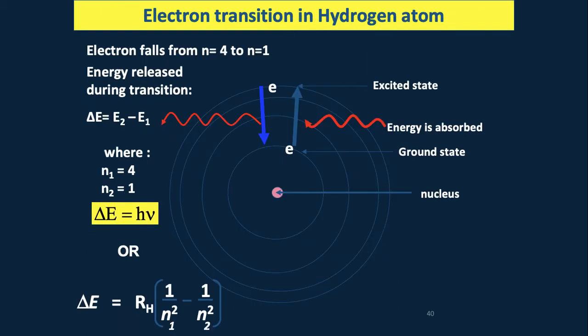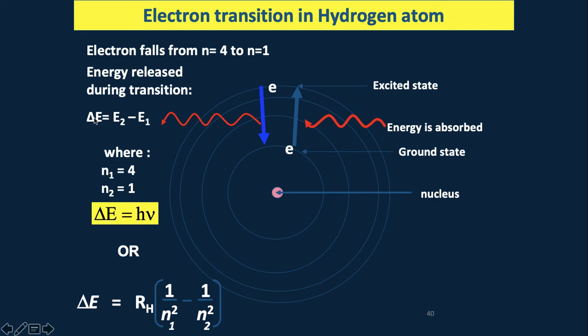This is an example of electron transition in a hydrogen atom. In a hydrogen atom, you only have one electron. So, the electron falls from n equal to 4, the fourth orbit, to n equal to 1, the first orbit. When the electron falls from a higher energy level to a lower energy level, energy is released during the transition.